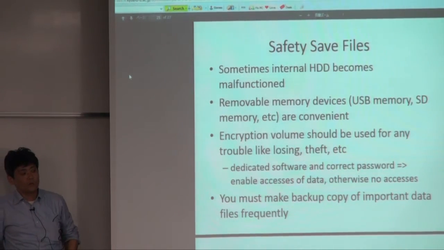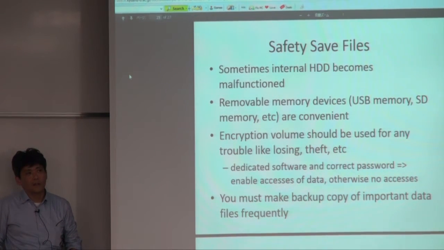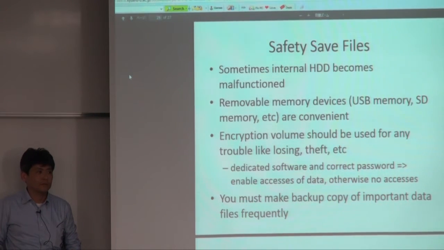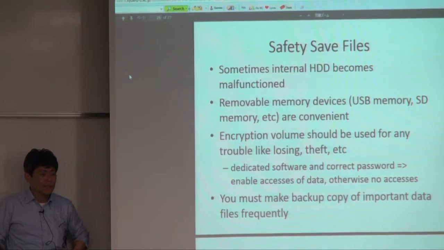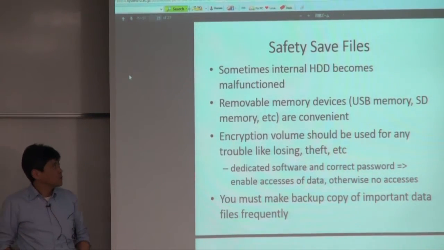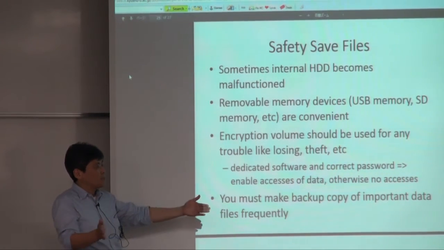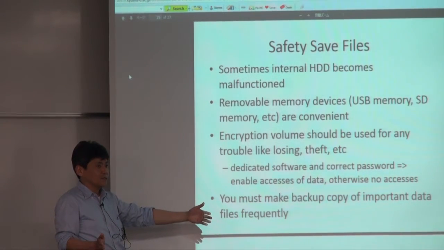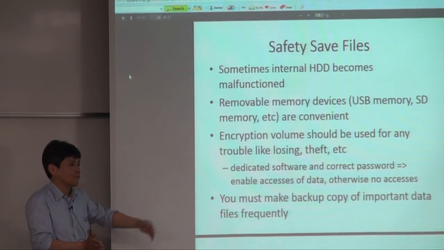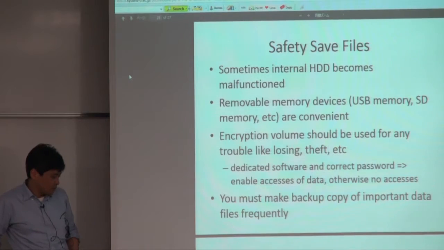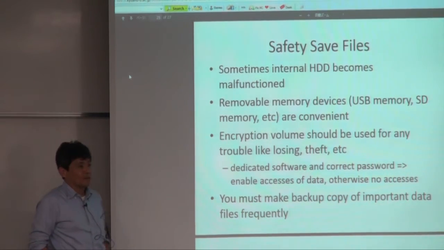Okay, so usually a hard disk drive has a mechanical function, so a motor is included. Okay. After using it for several years, usually the hard disk drive will malfunction.